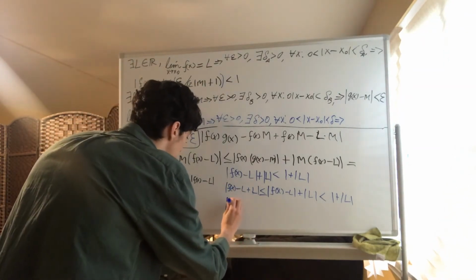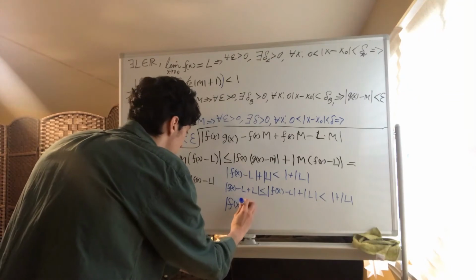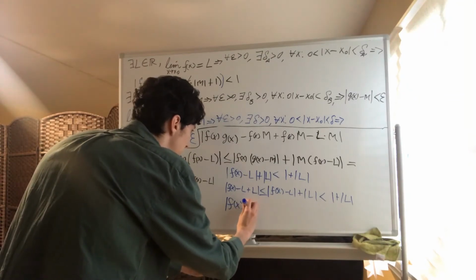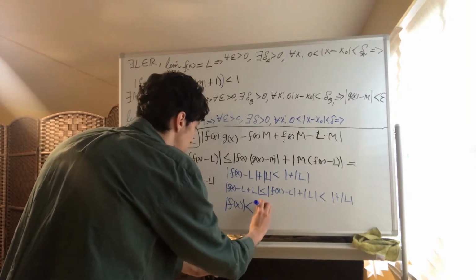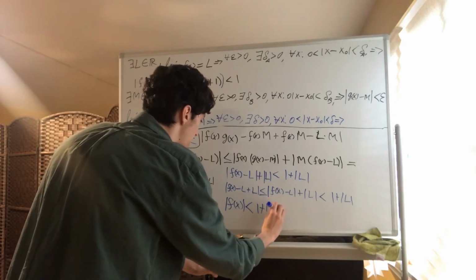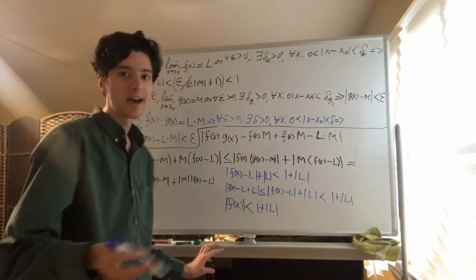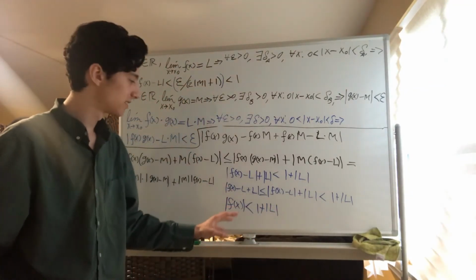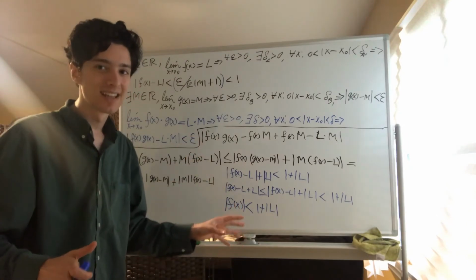So we get the absolute value of f(x) is less than 1 plus the absolute value of L. And now we know that our f(x) is less than a constant.